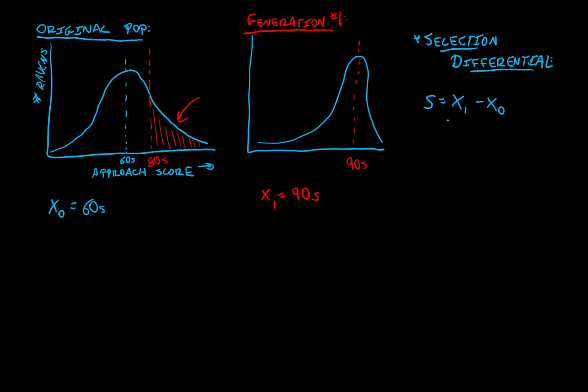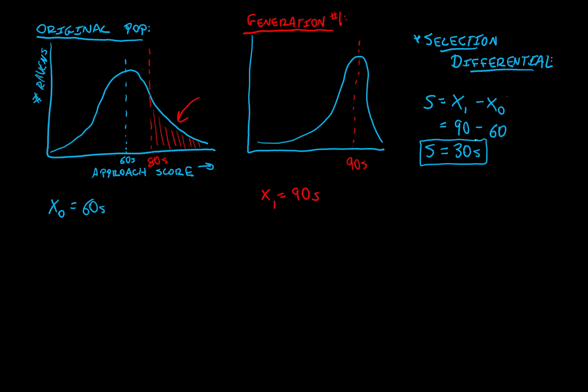You always subtract the original population from the newer population. Okay? So what does this give us? Well, x1 is 90 seconds, x0 is 60 seconds, which means that S equals 30 seconds. That's the maximum amount of change that you can account for through natural selection alone.